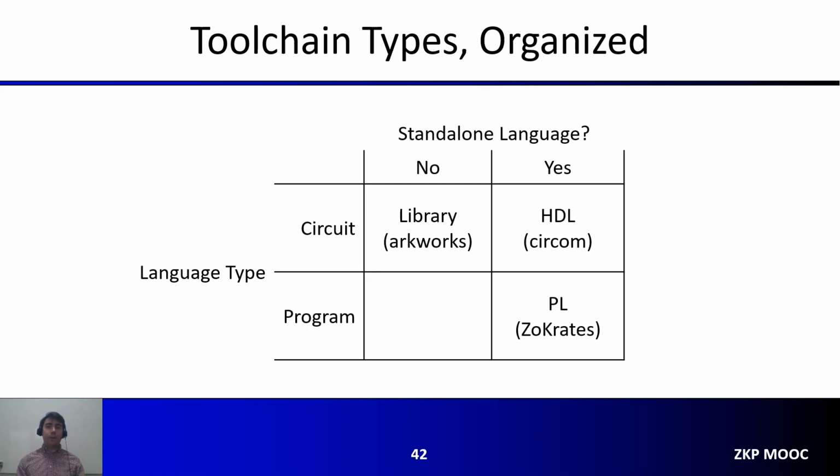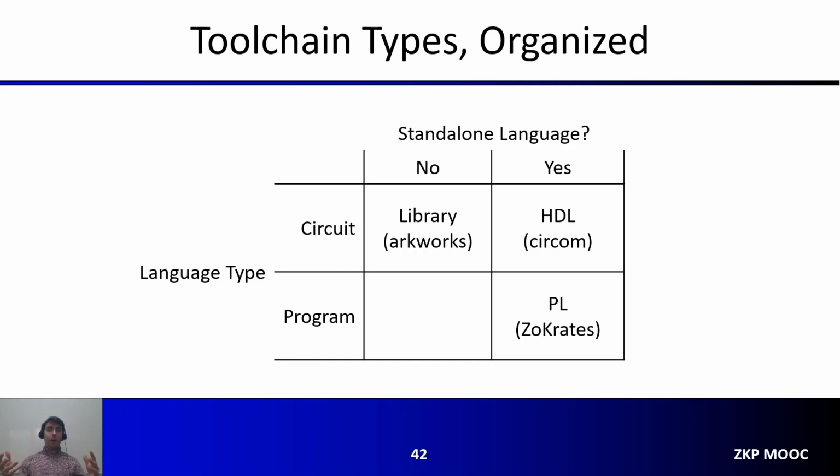So a circuit synthesis library is an example of an embedded language for describing circuit synthesis. ArcWorks is like this. It's embedded inside the syntax of Rust, and it describes explicitly how to synthesize a circuit. On the other hand, Circom is also about synthesizing a circuit, but it has its own syntax, so it's a standalone language.